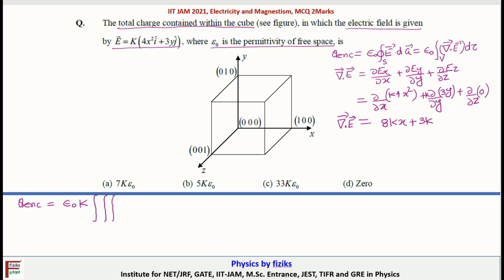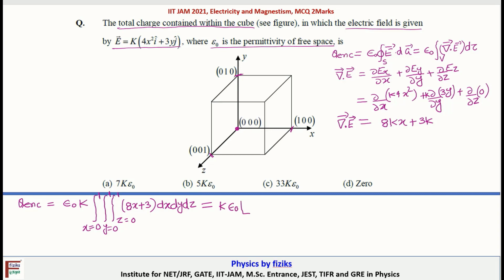Then we have a triple integral, and the divergence can be written as 8x plus 3, and this will be dx dy dz, where the limit of x is 0 to 1, y is also 0 to 1 and z is also 0 to 1. Now we have to calculate this integral. So this is k times epsilon naught.